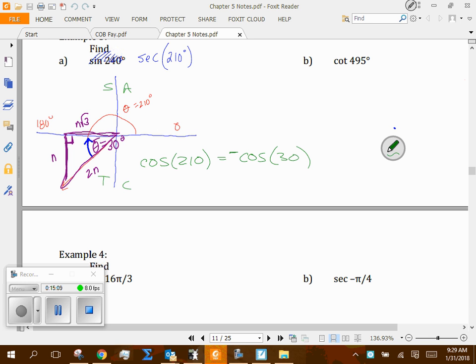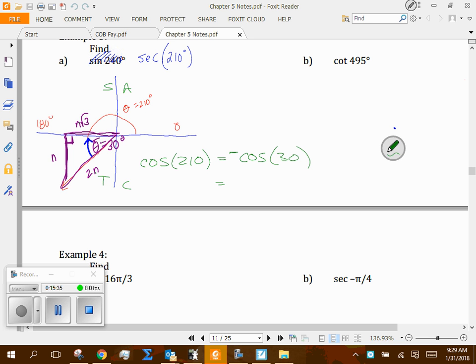Now you're saying, well, the calculator gave me the answer, why don't I just use that? We're interested in the exact value. It's going to involve a root here. So if I look at this 30-degree angle, cosine is adjacent divided by hypotenuse, right?